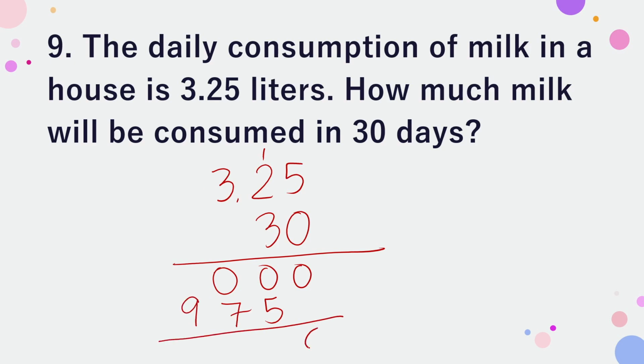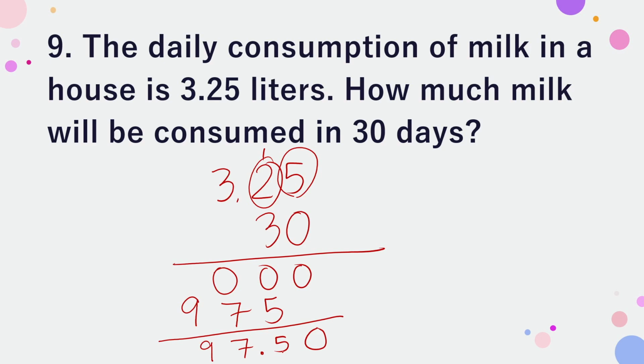Let's add 0, 5, 7, and 9. Where will I put the decimal point? Sa 97. Okay, 97.50. I have two decimal numbers, 1, 2. So I need to move the decimal point 1, 2 places to the left.